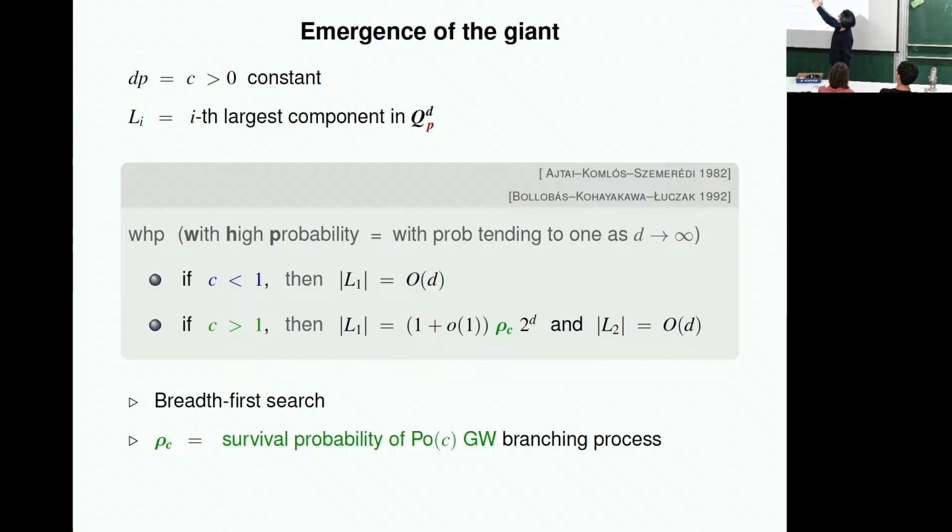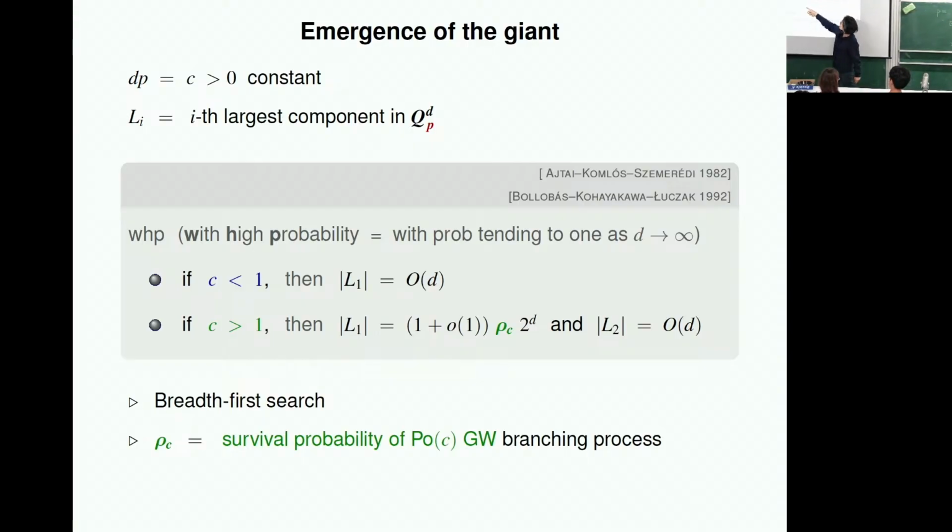If the average degree is smaller than 1, then it's very likely that the largest component contains at most order d vertices. d was the dimension. The number of vertices is 2 to the d. So it's indeed a log of the number of vertices, which means the size of the giant is logarithmic in the number of vertices.